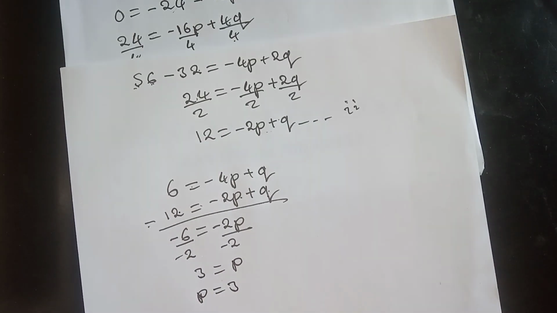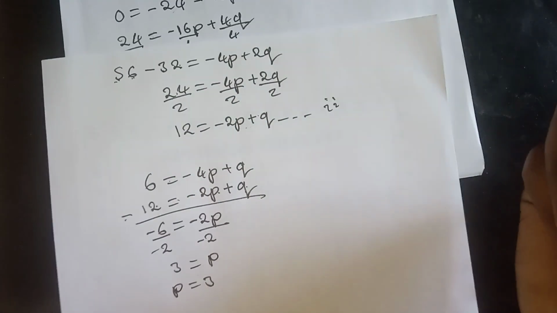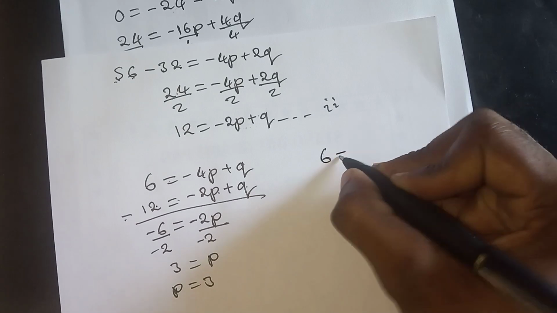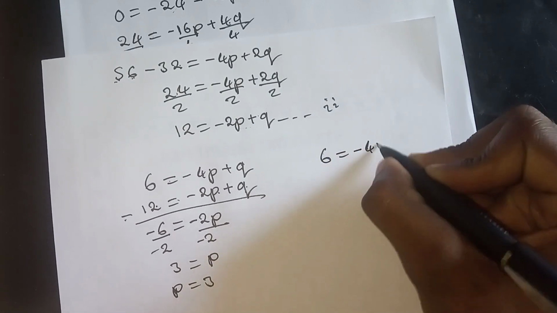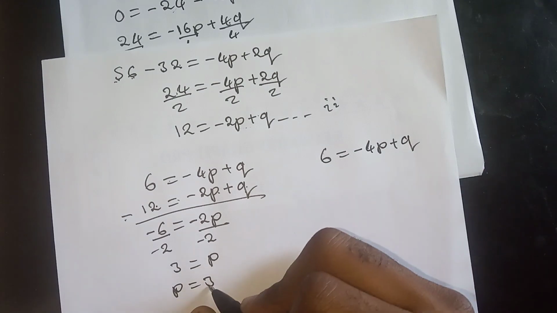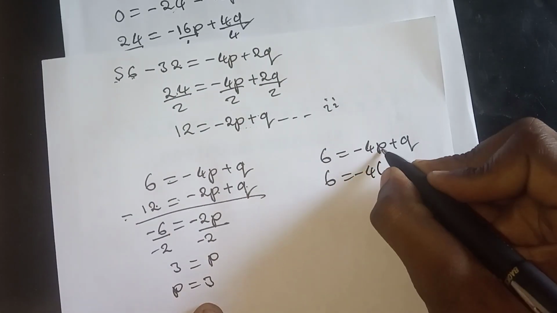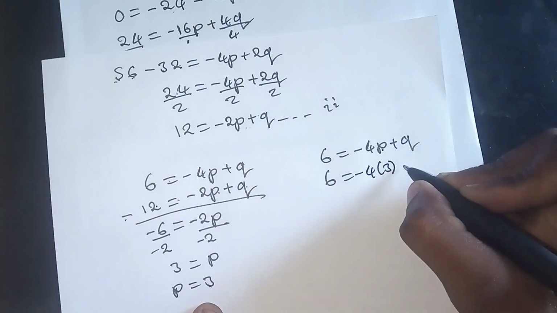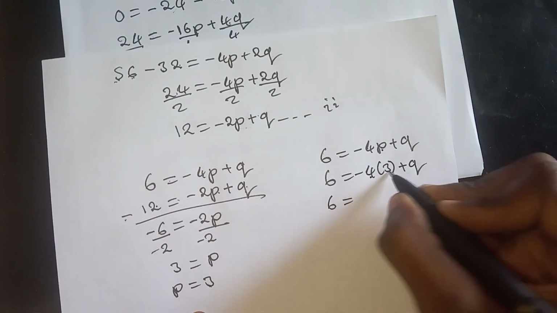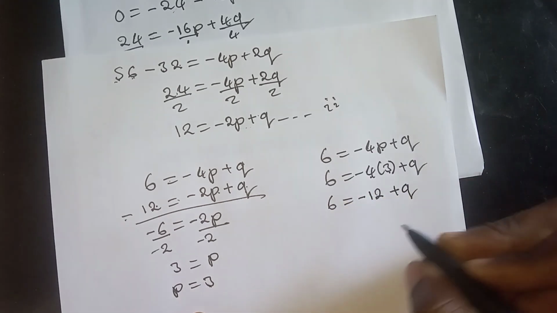So now to solve for q, you can use any of these two. So I think I'll use the first one. 6 is equal to negative 4p plus q. Then we know that p is equal to 3. So where we have a p, we can put a 3, then q. So this multiplied by this is negative 12 plus q.